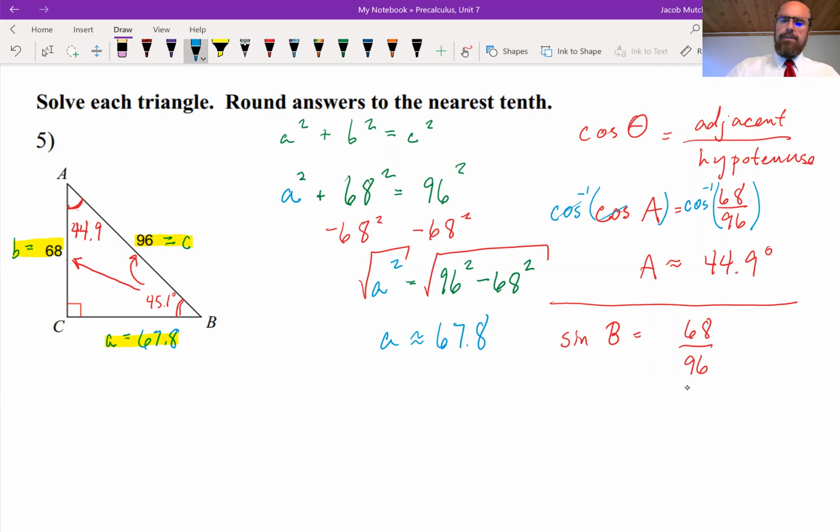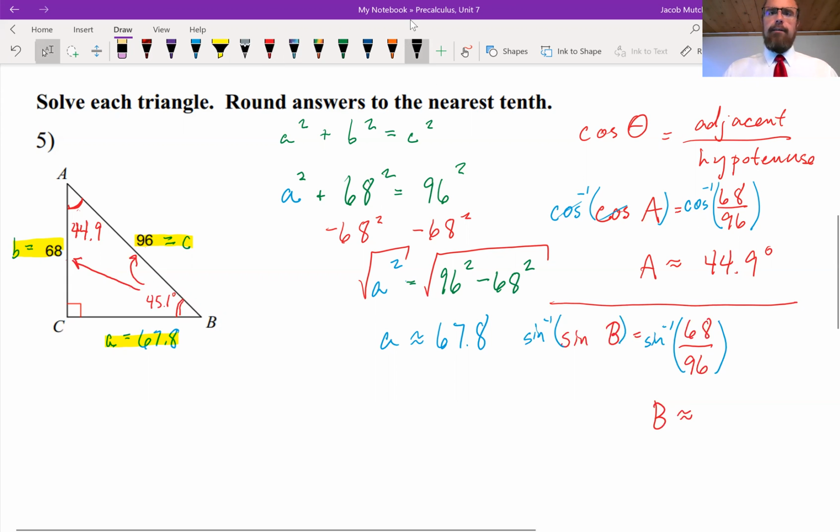And real quickly to solve there, I'd apply inverse sine. And so just like we had done with angle A, we could calculate an estimate for angle B as inverse sine of that same fraction. So let's do that just to confirm that this should be 45.1. Inverse sine of 68 over 96.